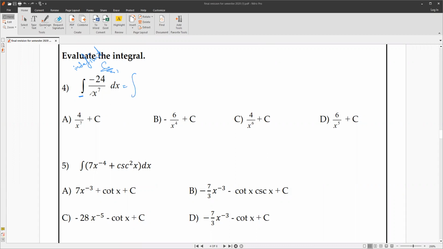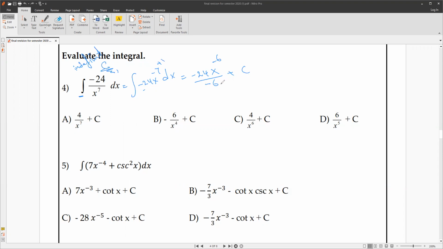Since I rewrite the function, I keep the integral symbol with me. It will be -24 x to the power -7. I can apply the rule of integration: this constant 24, then add 1 to the exponent, it will be negative 6, divided by the new exponent, plus constant.